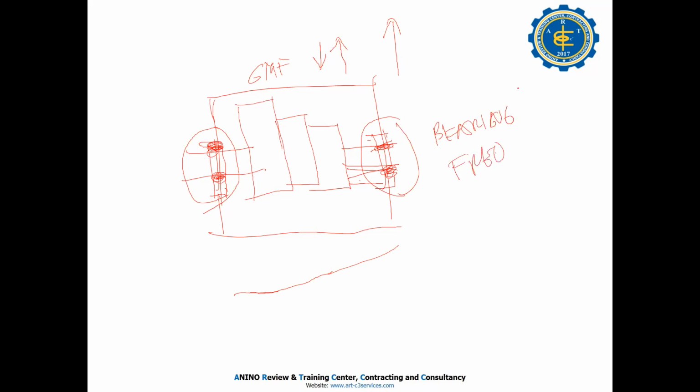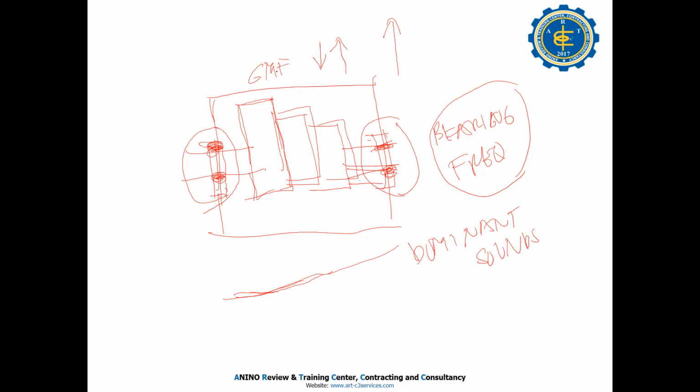You cannot get the bearing frequencies. Why? Because the dominant sounds come from the gearbox, from the gear. This is very high. The gear mesh frequency is very high, so you cannot see the bearing frequency.